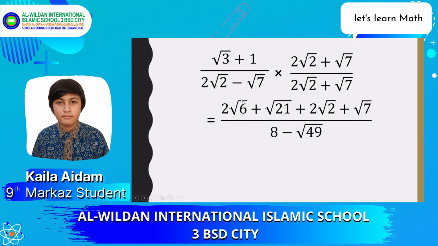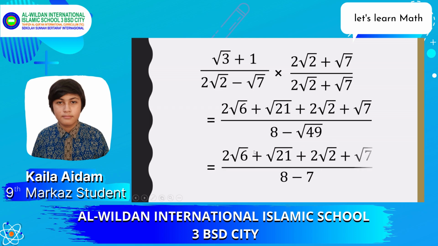So we get here 2 times square root 6 plus square root 21 plus 2 times square root 2 plus square root 7 divided by 8 minus square root 49. 8 minus square root 49 is 8 minus 7.